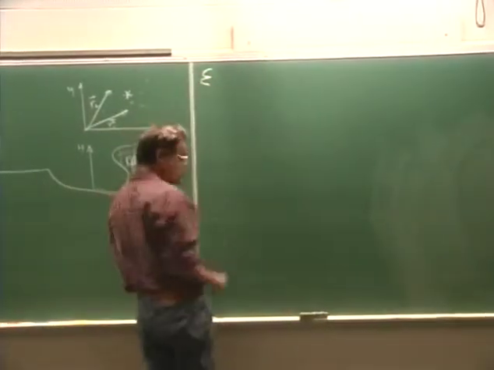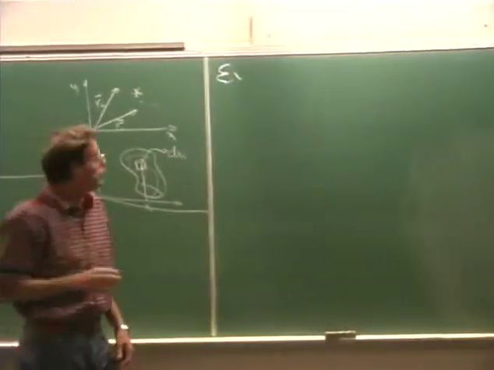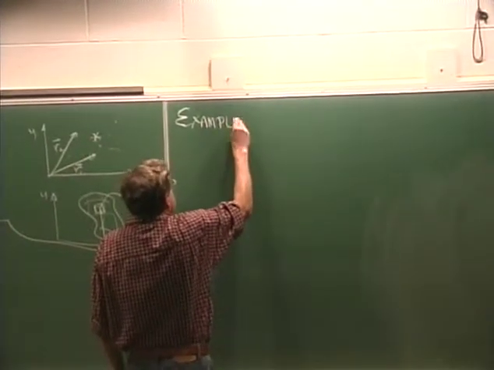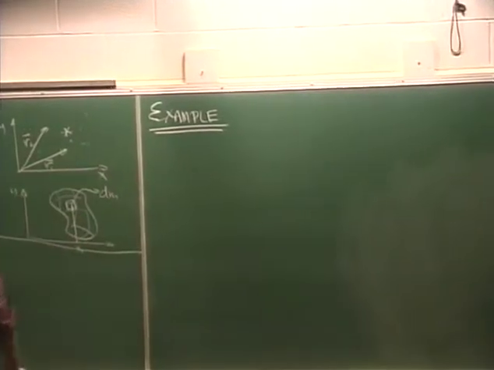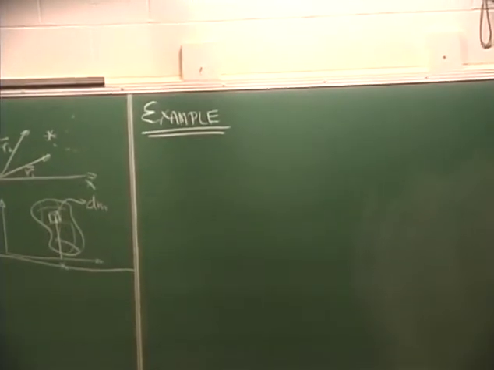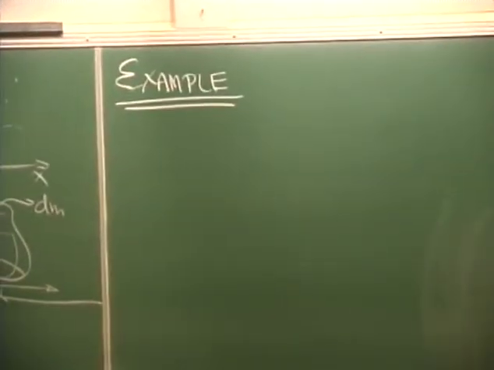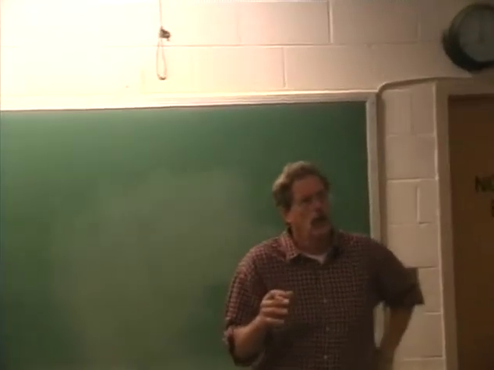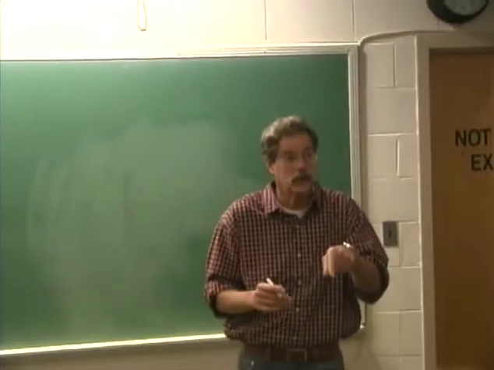So I'm going to do an example here, and you get to do an example on the homework also. It's an example of a calculation of center of mass for a continuous distribution of mass using this formula. I'm going to find the center of mass of a uniform hemisphere. I'm not going to do a uniform sphere, because the center of mass of that is obviously at the center.